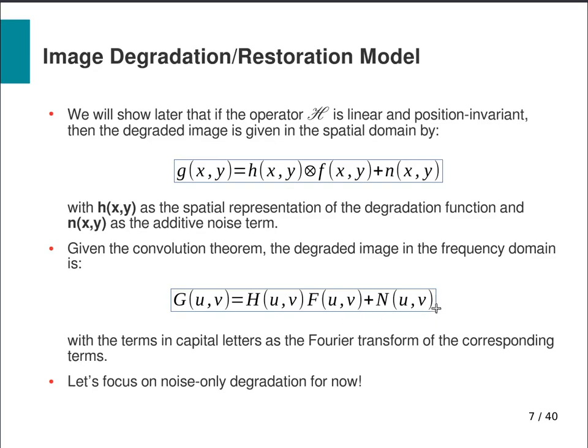In the spatial domain, this can be considered as when h of x and y is an impulse at the center. You remember that an impulse in the spatial domain was equivalent to a constant function in the frequency domain. So convolution of an impulse with any function basically gives the original function itself.